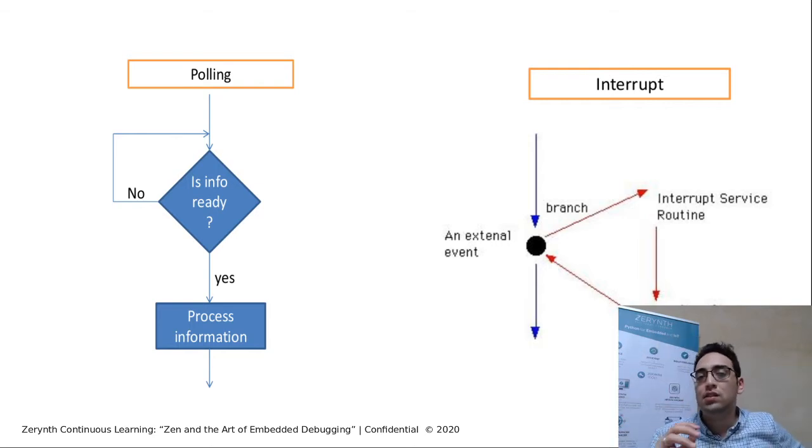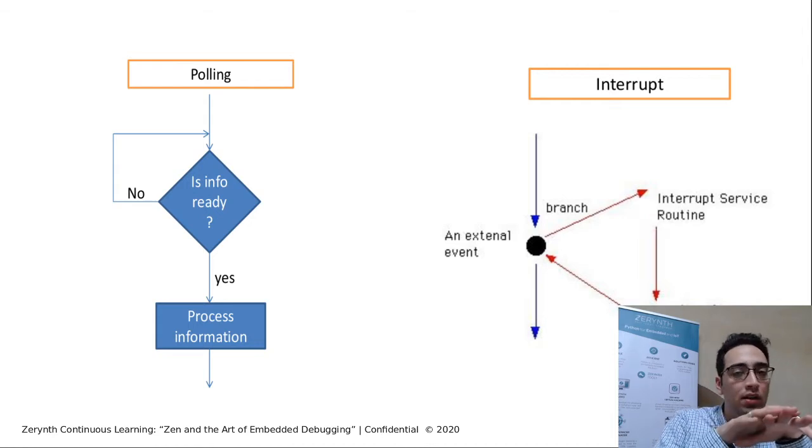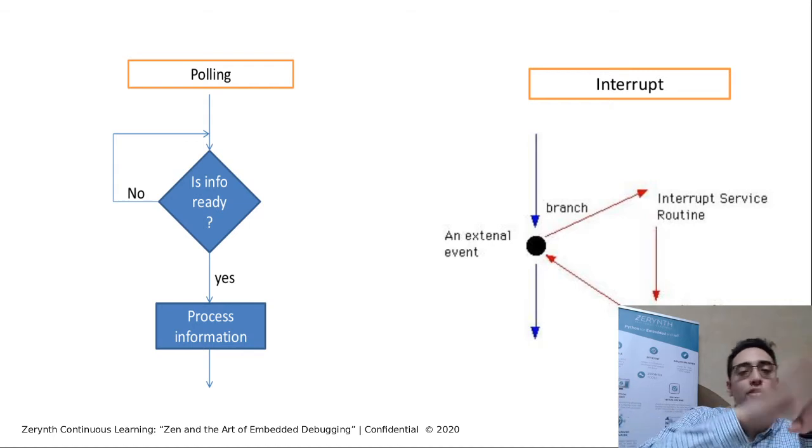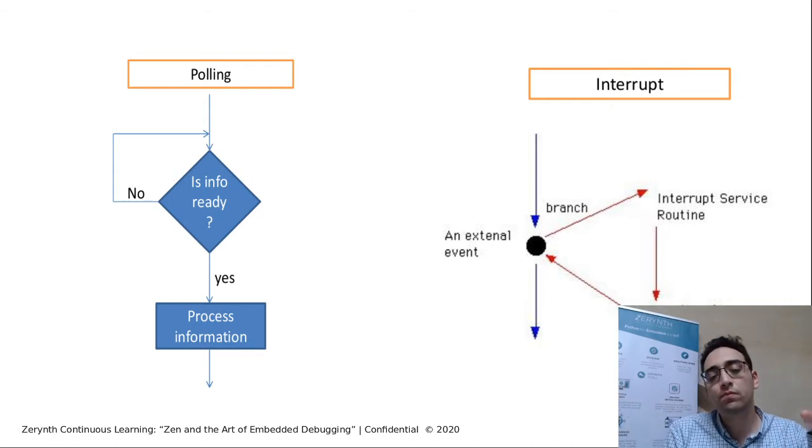So these are interrupts essentially. Interrupts are very important or critical pieces of code that need to be executed now. So the microcontroller will leave whatever it is doing, go execute this piece of code, which is called the service routine, and then return back to whatever it was doing and continue execution.